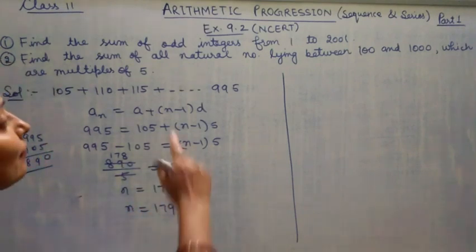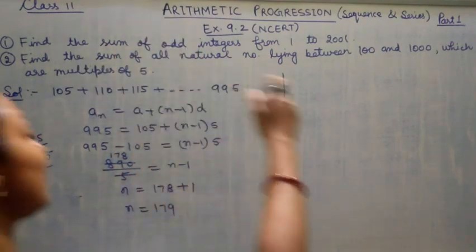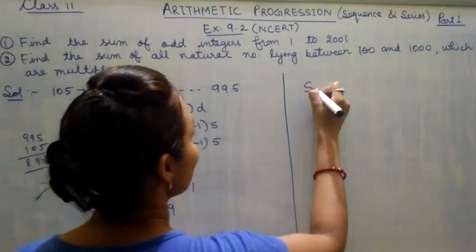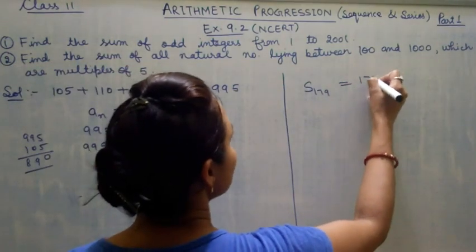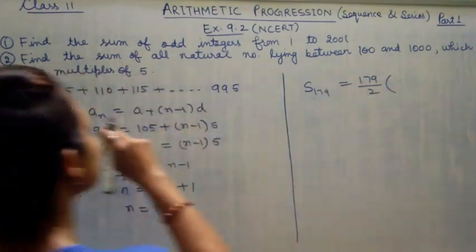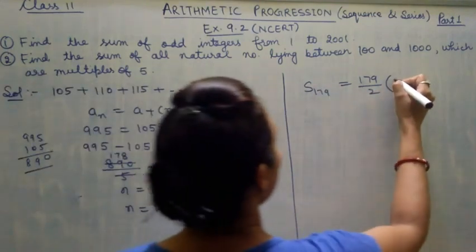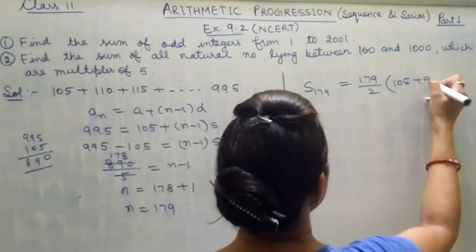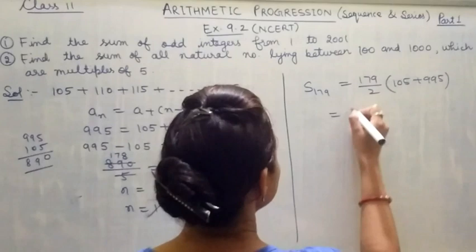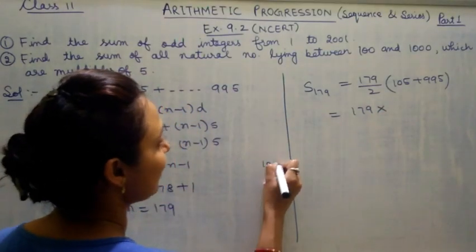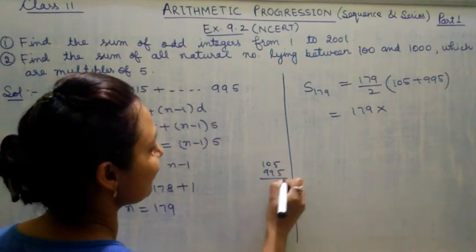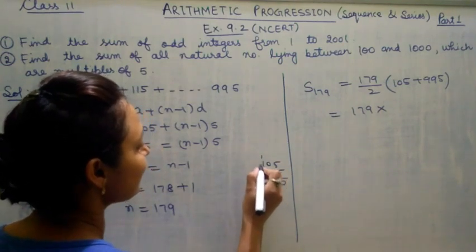So I will find the value of the sum. As n is 179, I will use the same formula which I have done in the previous question, that is a plus l, 105 plus 995. So I will add these two, 105 and 995: 5 and 5 are 10, then 9, 10, 11.